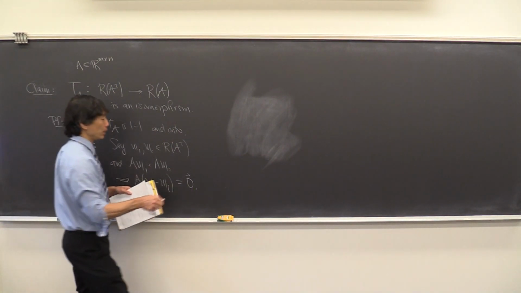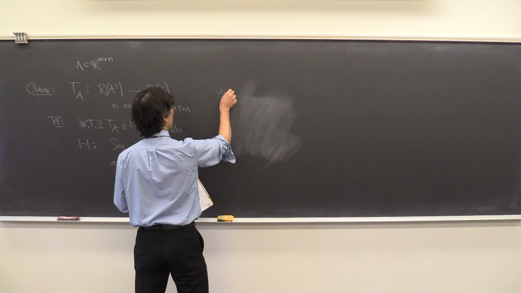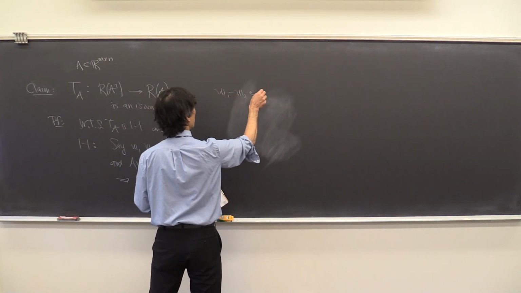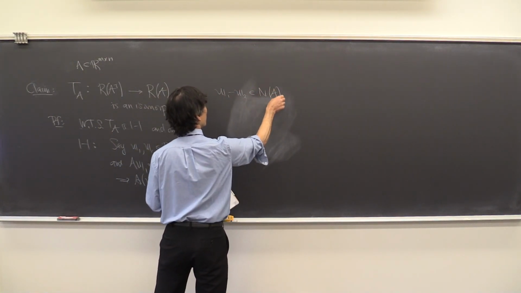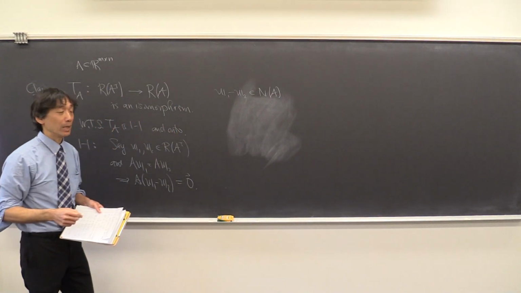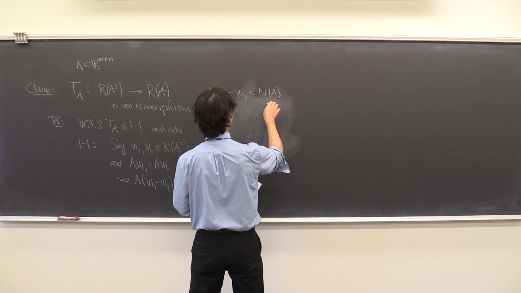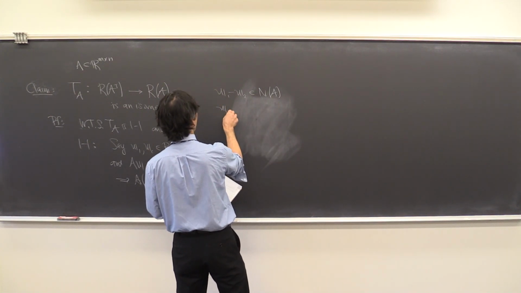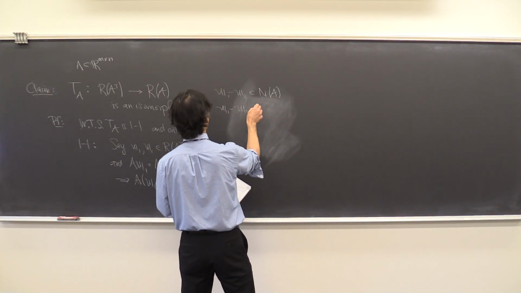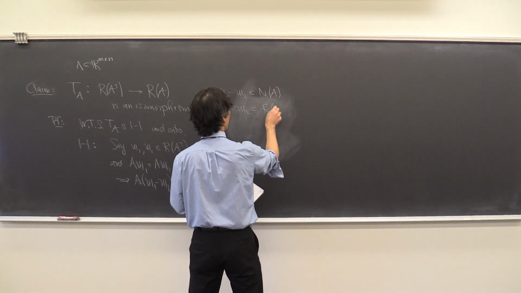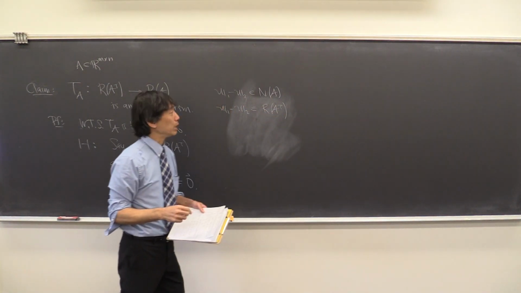And so U1 minus U2 is in the null space of A. But as Izzy pointed out last time, U1 minus U2 is also in the range of A transpose.